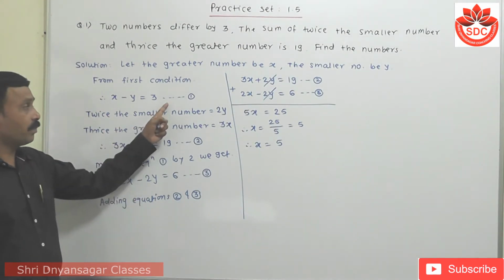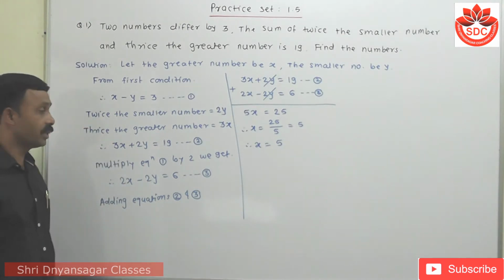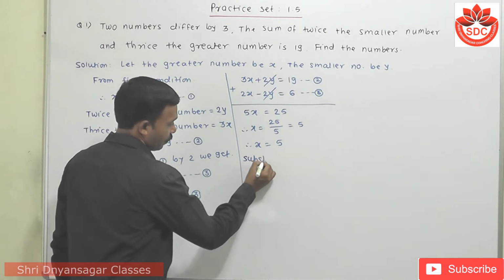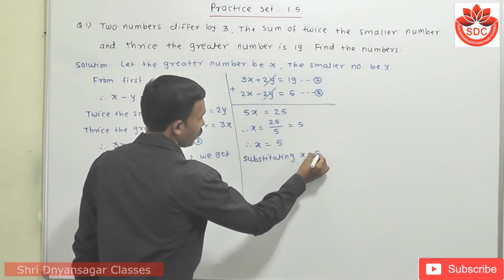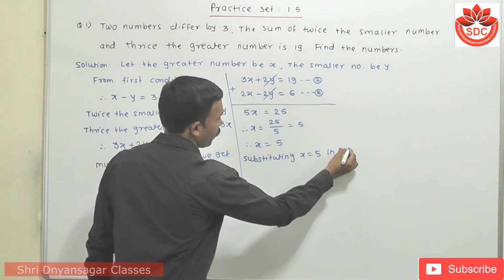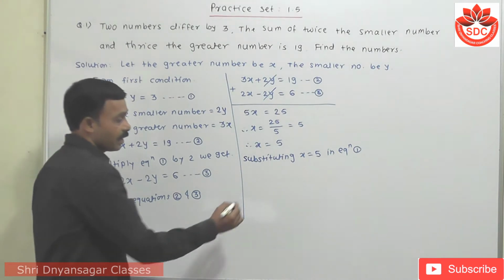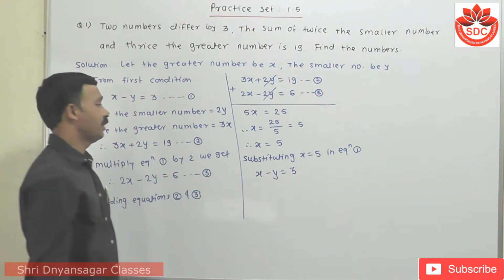Now we substitute this value of x in any equation, but the simplest one is the first equation. Substituting x is equal to 5 in equation first: x minus y is equal to 3.